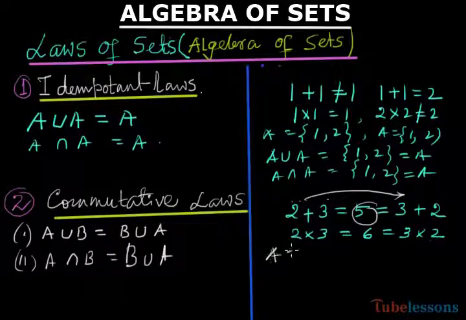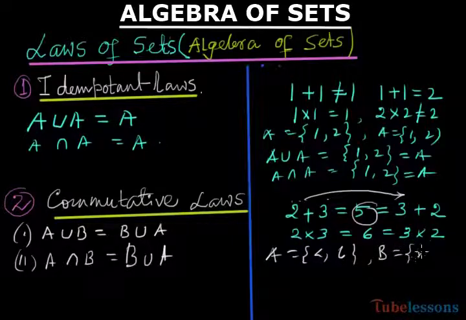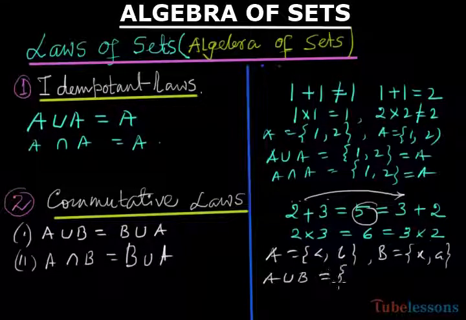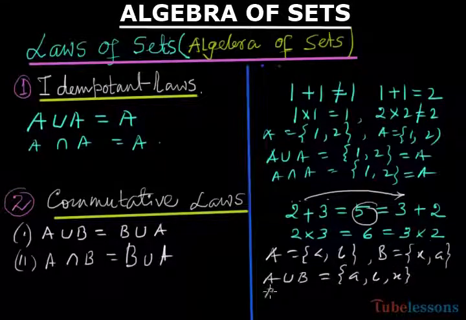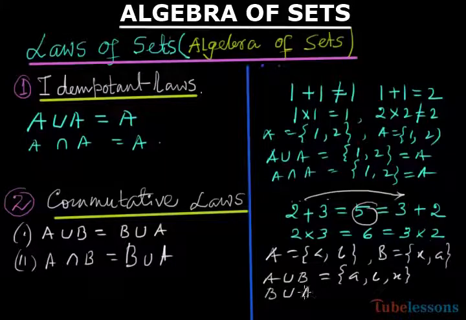Let A contain a and b, and B contain x and a. So what is the union? A union B is equal to {a, b, x}. And if you do B union A, we get {x, a, b}, and they are the same.